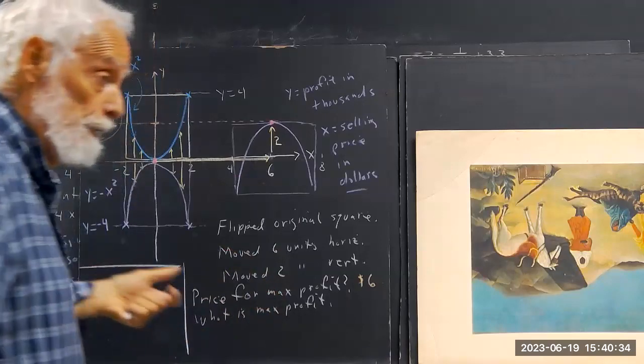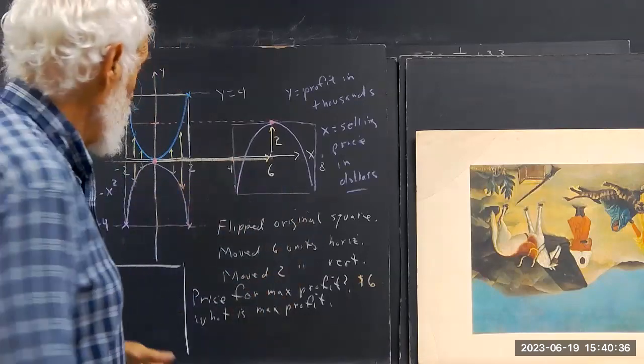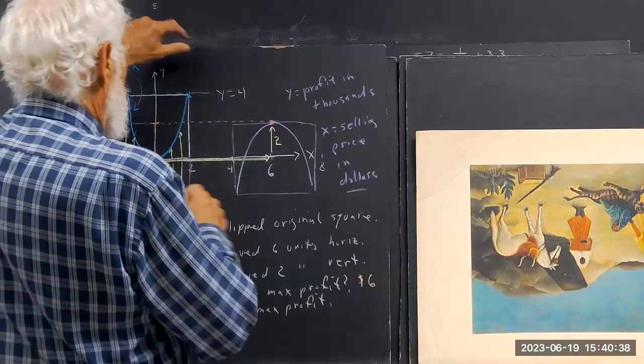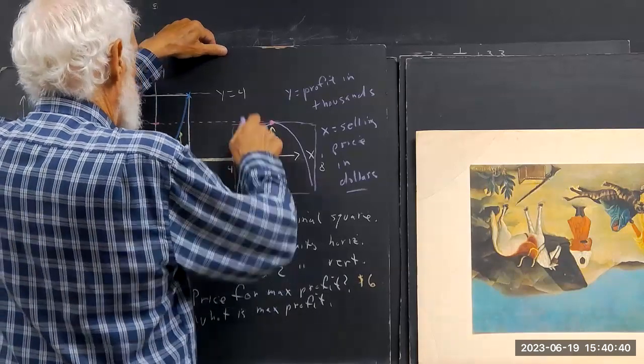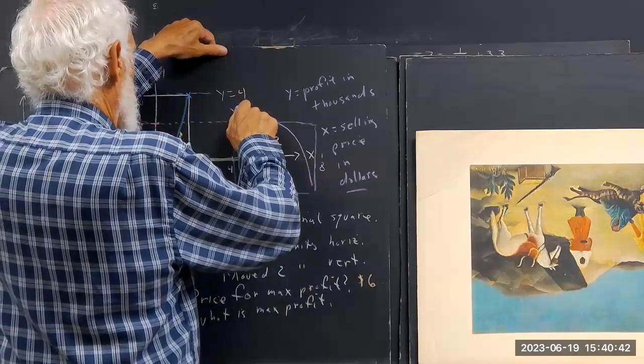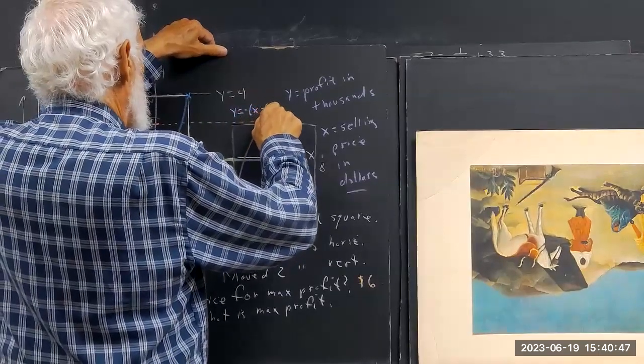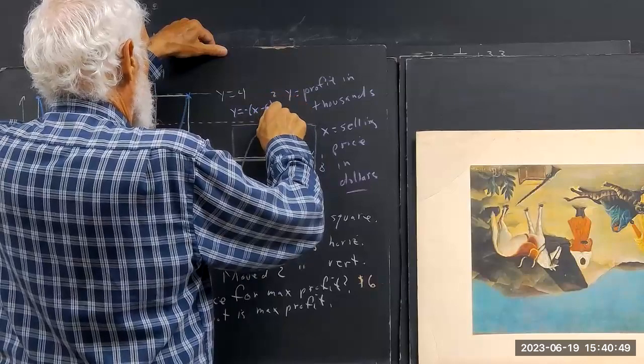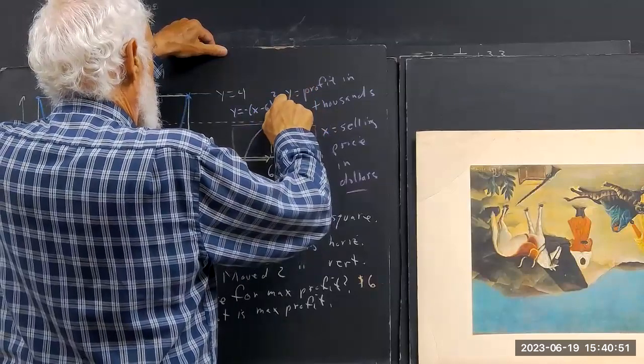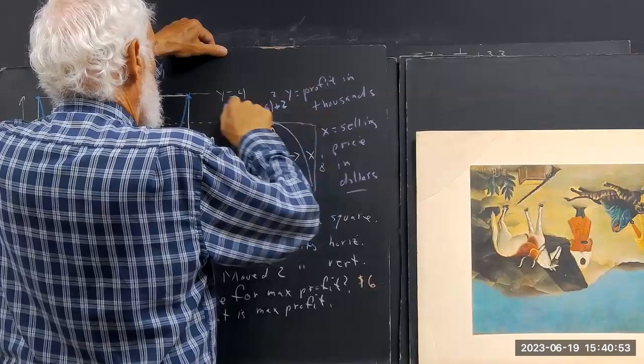Now, without going into detail, because we will look at this in detail later, just to show you what is to be done, the equation over here is y equals negative x minus 6 squared plus 2.